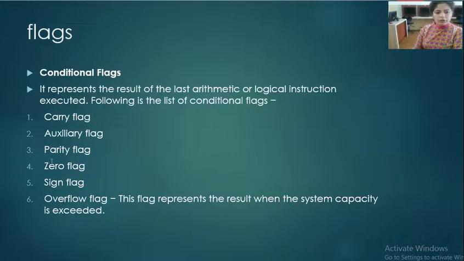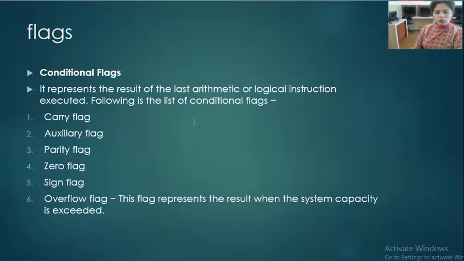These are conditional flags. In 8085, overflow flag is not available, so that's why I have written the definition here. The flag represents the result when the system capacity is exceeded. The definition of the conditional flag is that it represents the result of the last arithmetic and logical instruction executed.